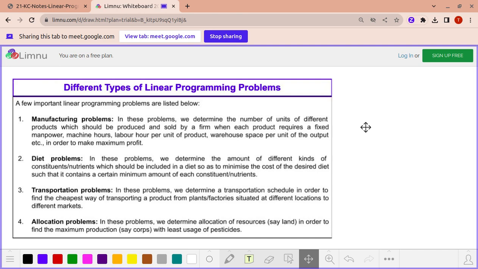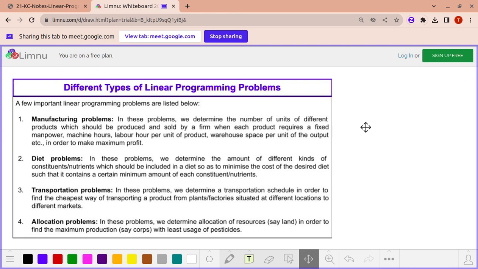So if you recall the last session, at the end of the second session, I informed there are different types of linear programming problems, and this is the slide I showed at the end of session 2. So I start from this slide. There are mainly 4 categories of problems which generally come under linear programming problems, which you need to solve graphically.